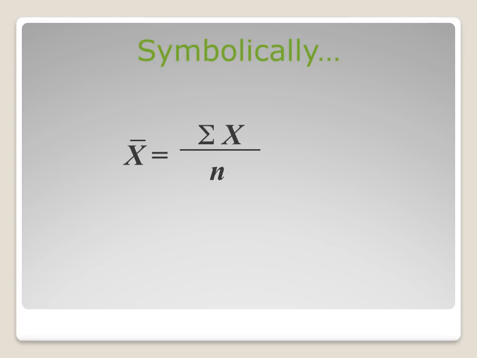So just to go over, our X bar is our symbolic notation for the word mean, which we will use in this class. And it is equal to, in words, the sum of all of our scores, of all of our observations, divided by the number of scores that we have in our distribution. In symbolic notation, that is represented as sigma x over n.